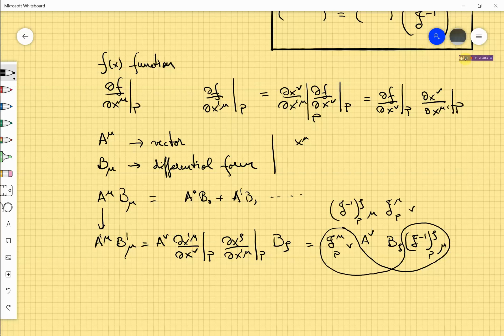So if you contract the second index with the first index, this is the standard matrix multiplication, rows times columns and so on.